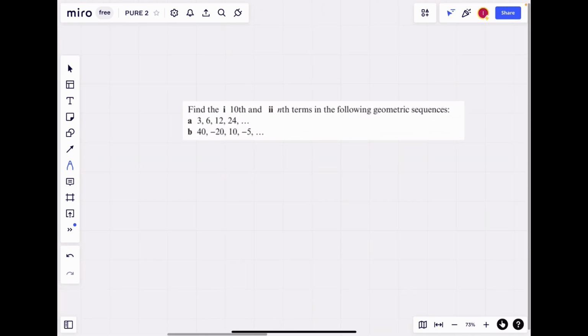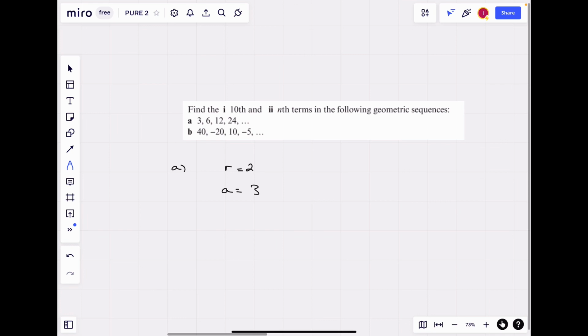3, 6, 12, 24. To go from one term to another, you have to multiply by 2. So r is 2. Your first value is 3.